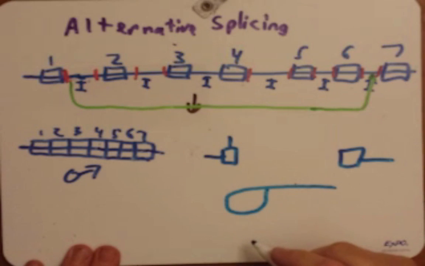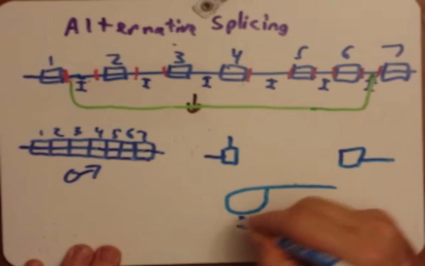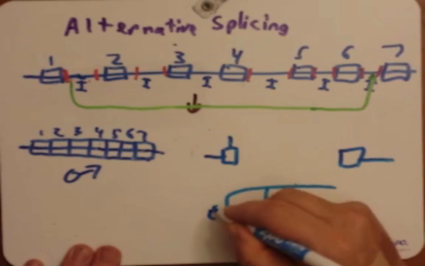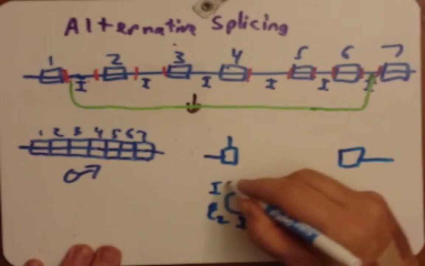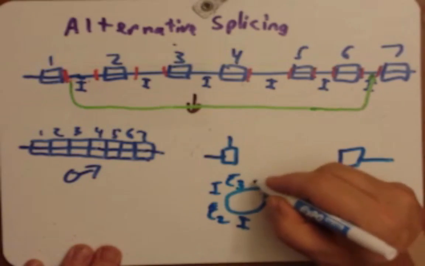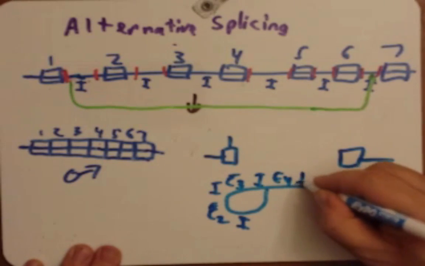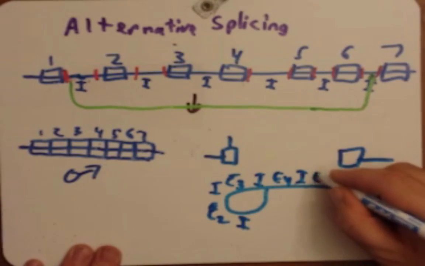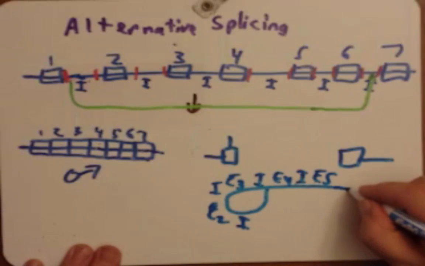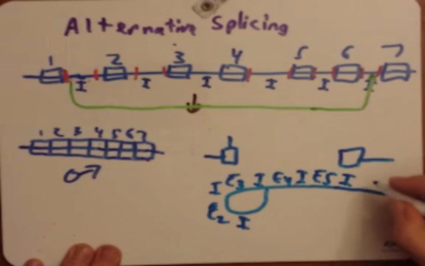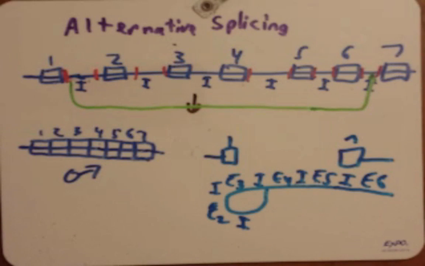And this large lariat will contain an intron, then exon 2, then an intron, then exon 3, and then an intron, and then exon 4, and then an intron, and exon 5. We're going to have to make this a little bigger. Then an intron, and exon 6. And now 1 and 7 are the only ones not part of this, what we call a lariat.